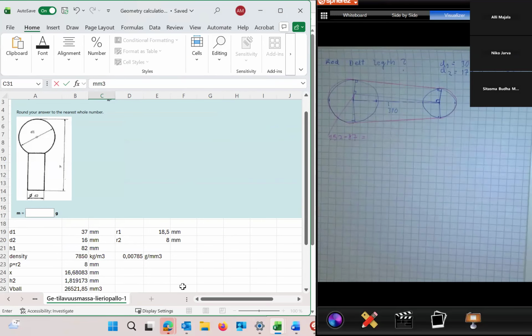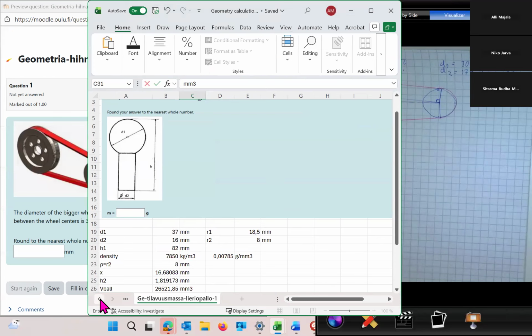How do I use my dear Excel? Now I have to find, I calculated this somewhere. I think. No, did I calculate it by hand? Oh, I've been brave. So let's calculate it here.